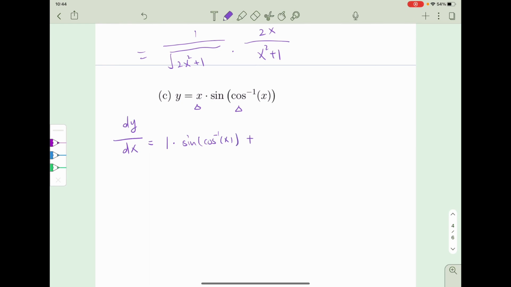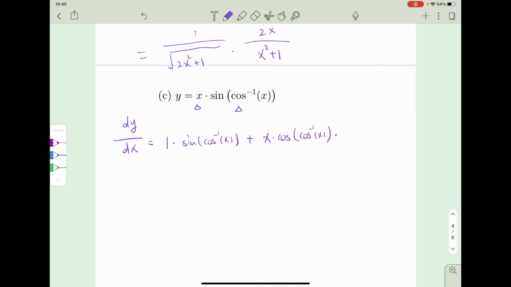plus the first factor multiplied with the derivative of the second factor, which requires the chain rule. So it becomes cos of cos inverse x, chain rule, and the next factor is the derivative of the cos inverse.